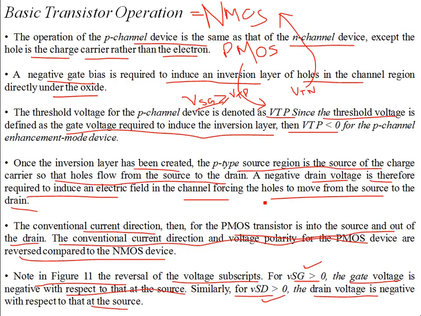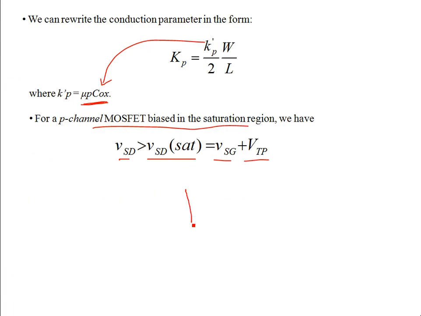For example, if you have this device, with those two doped regions where you induce a channel, there is an oxide, and then there is a metal over it. This metal could be aluminum or whatever.